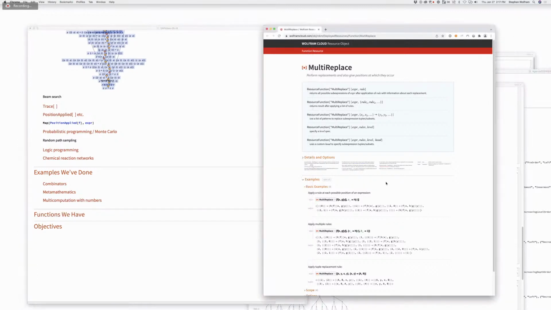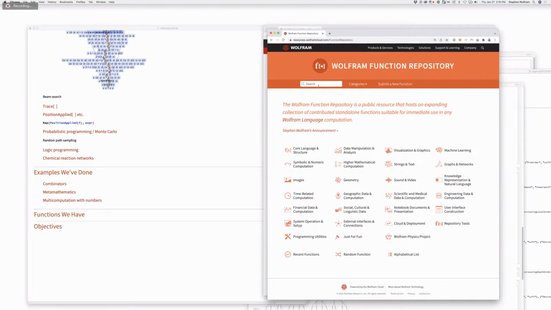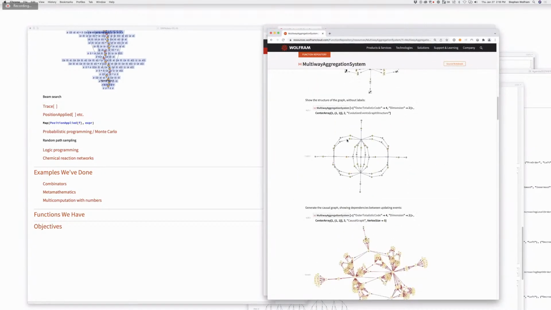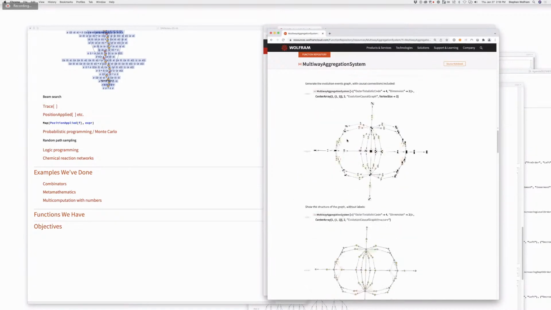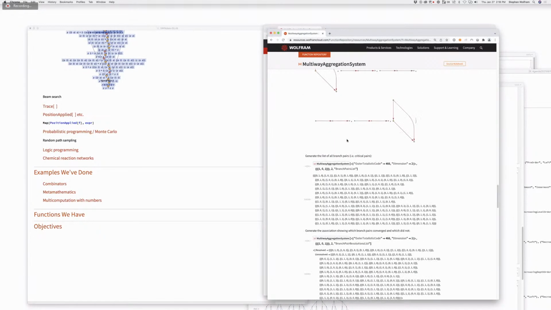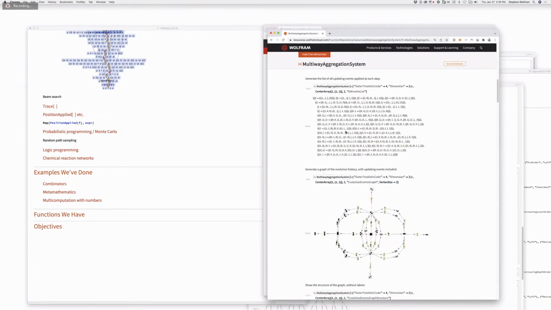So one thing we have, which is unfortunately way too super of a function, is multi-way system. What is multi-way aggregation system? Why is that even in there? Do we really have that? Last time I looked, like during the summer school, I think they had multi-way system, and then there's like 5 other multi-way CA, multi-way aggregation system, multi-way, etc. functions.